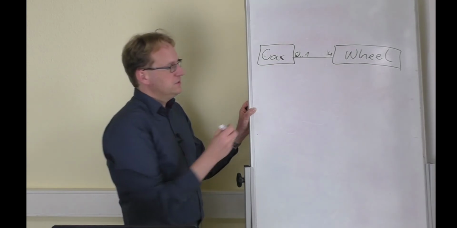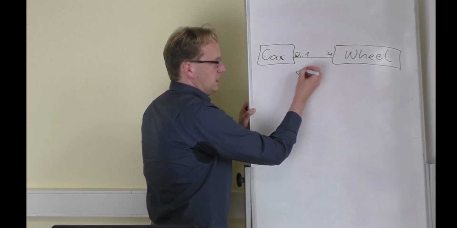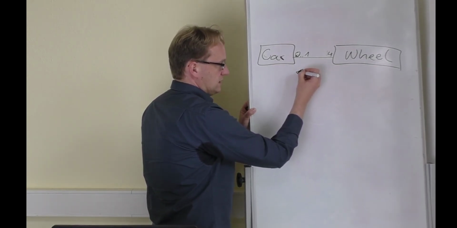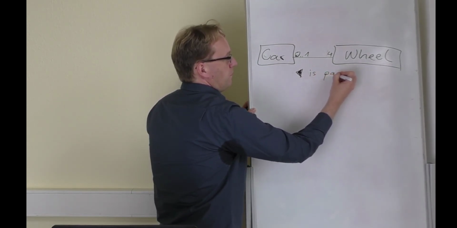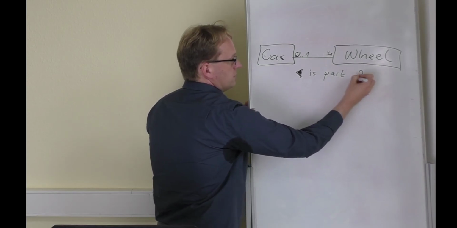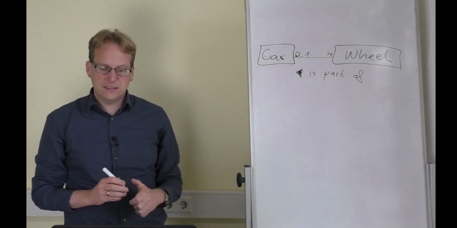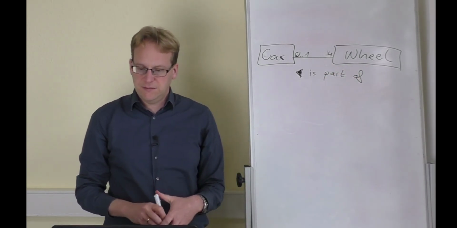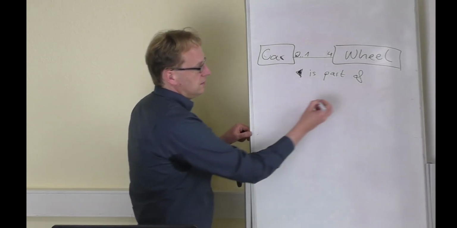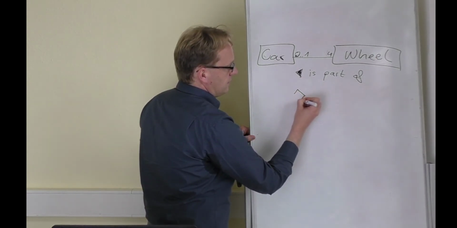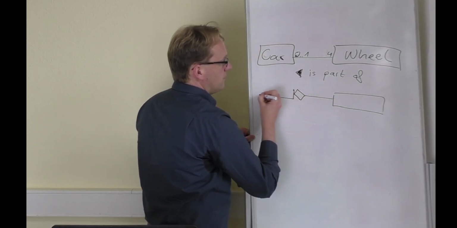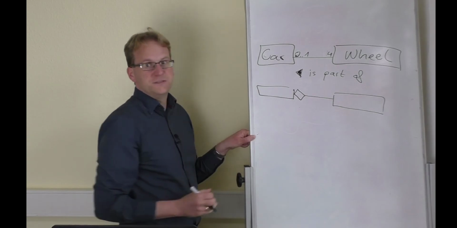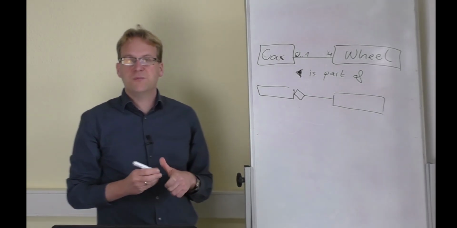And now I use a standard association rather than this aggregation, and I write simply "is part of". And that is precisely the same as expressed with this symbol. So there's no difference in these 2 models.